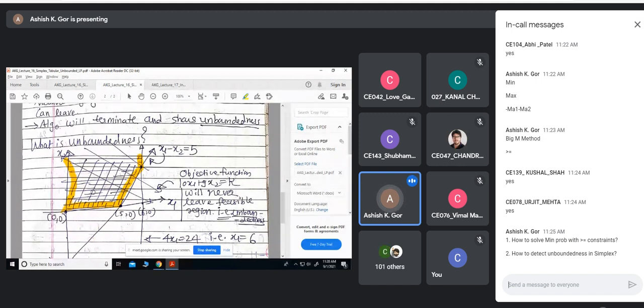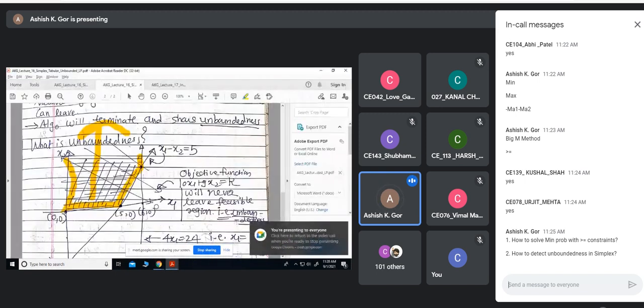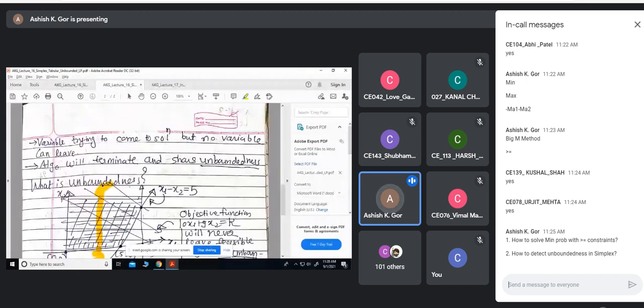You can see I can go infinitely in this direction and it will still satisfy both the constraints. Let us take x1 as 3 and x2 I can take 100. I can go ahead in this direction.